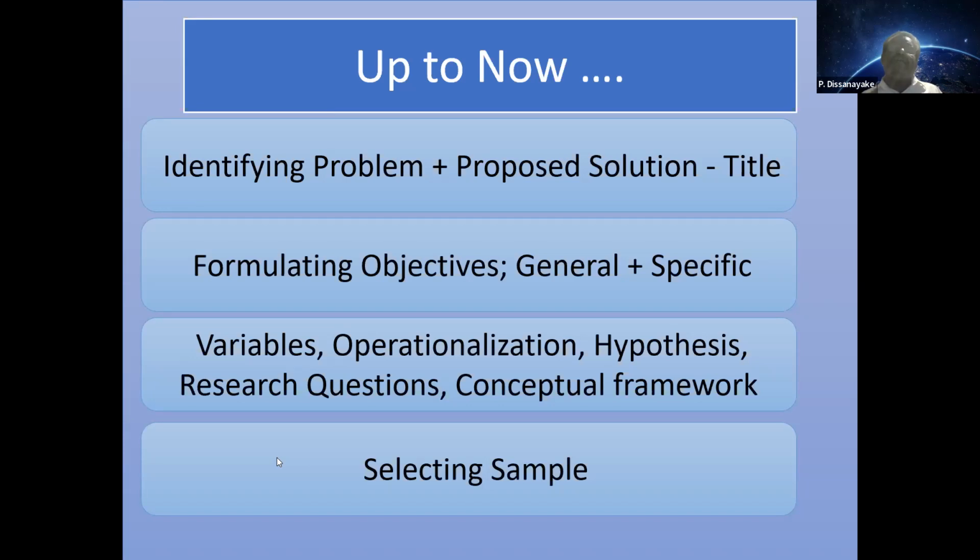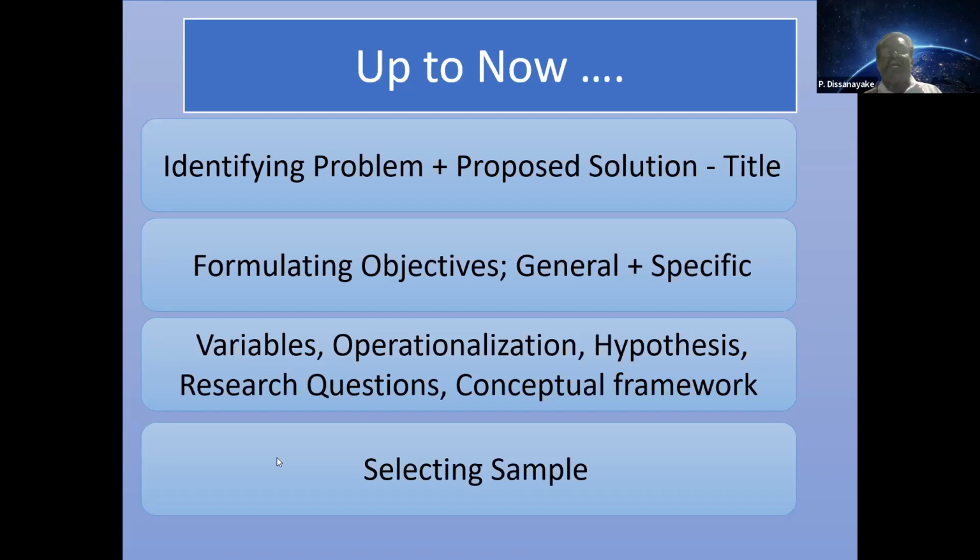Perhaps you may be able to distribute a questionnaire among 100 people apart from your class students. Don't tell us at the Viva, very sorry, that we have 10 students in my class, so I am doing my research with only these 10 students. Think about different sources to get information.